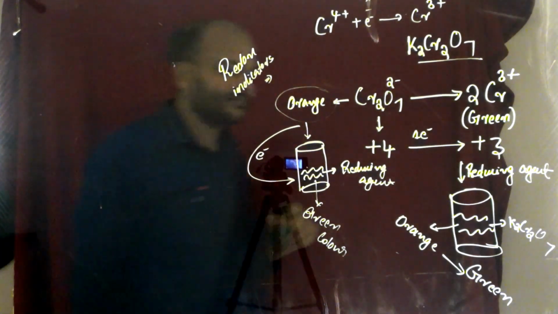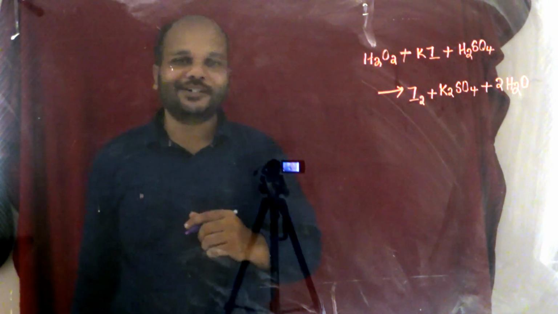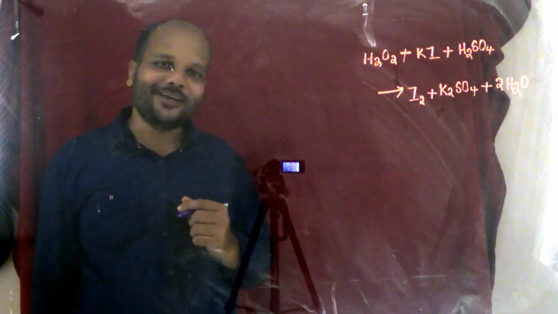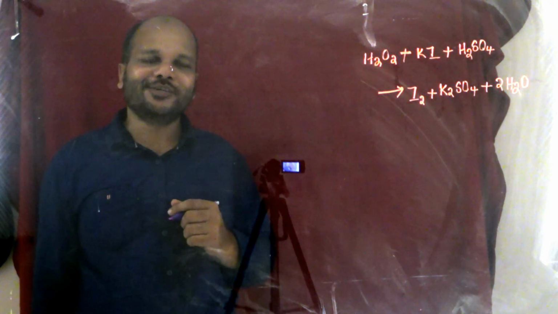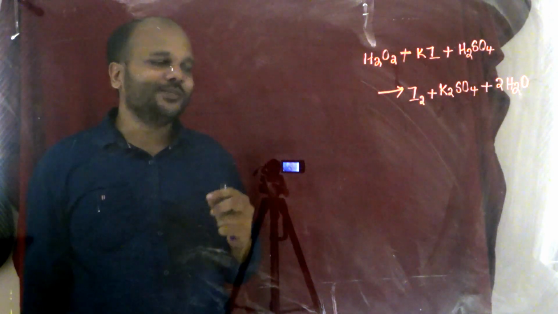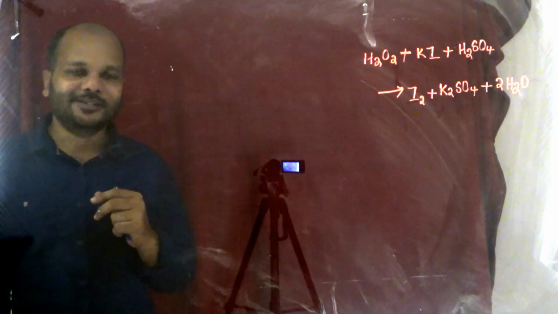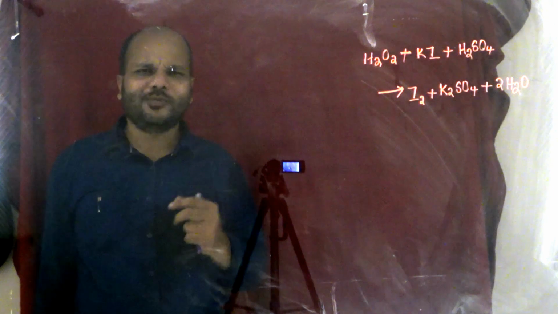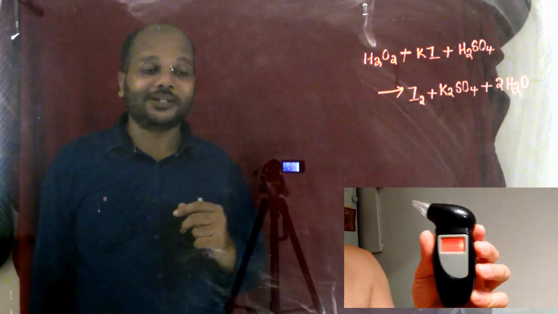By the way, potassium dichromate is not a good reagent for those who are drinking and driving, because if you see the breath analyzer, potassium dichromate is a very strong oxidizing agent.